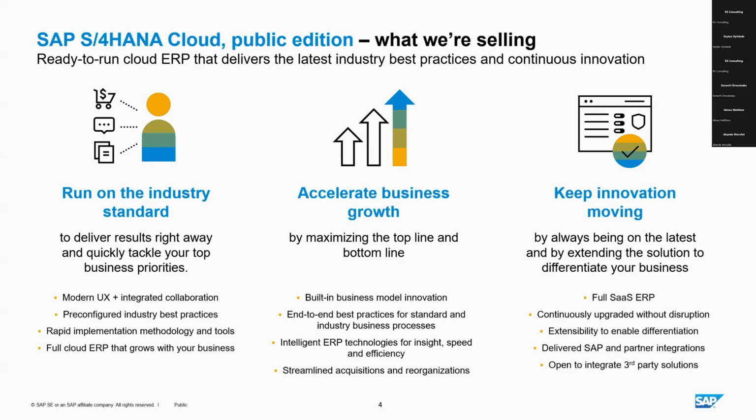Then we talk about keeping innovation moving through full software as a service ERP offerings, continuous upgrades without disruption, extensibility to enable differentiation, SAP and partner integration, then open to third-party solutions. So unlike other ERP cloud providers, SAP is open to third-party solution integration through our SAP BTP, which is a platform as a service, right?